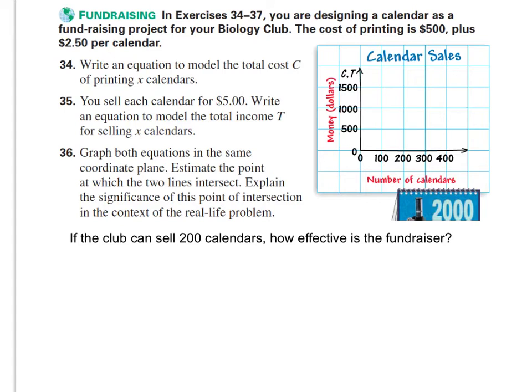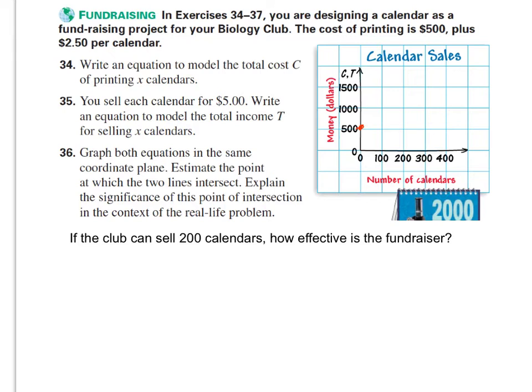If you notice on the vertical axis there's a C and a T at the top, that's because they're going to ask us to graph 2 different things. So we'll start with the C, the cost, and we know that the initial cost of printing is $500. So before you do any calendars, you have to pay that $500, so there's our y-intercept. And then you have to pay $2.50 for every calendar.